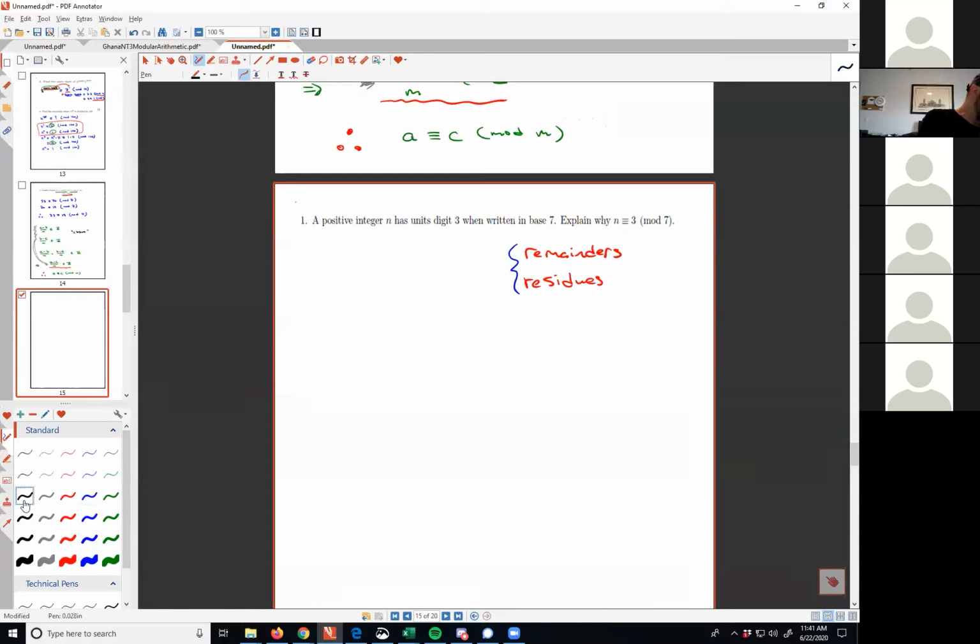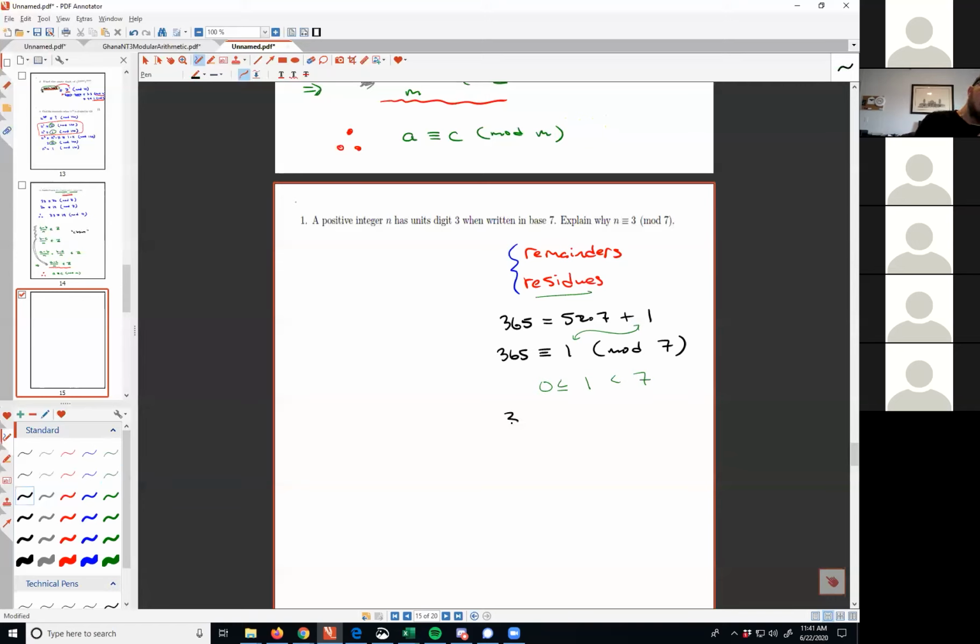When we divide 365 by 7, we say that we have a quotient of 52 and a remainder of 1. However, modulo 7, we say that 365 is congruent to 1 mod 7. And so long as that 1 obeys the same rule as the remainder, in other words, it's at least 0 but less than 7, then we call it a residue.